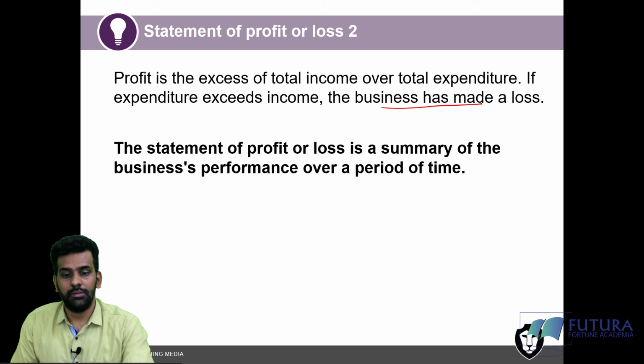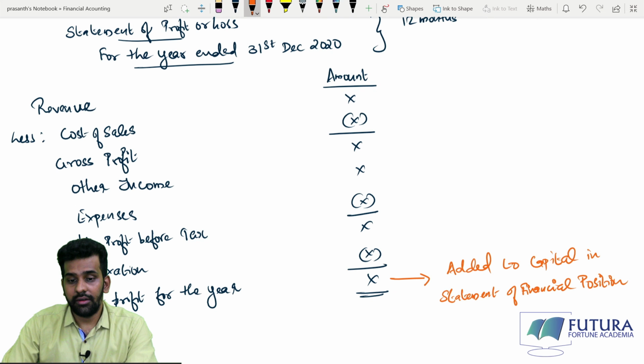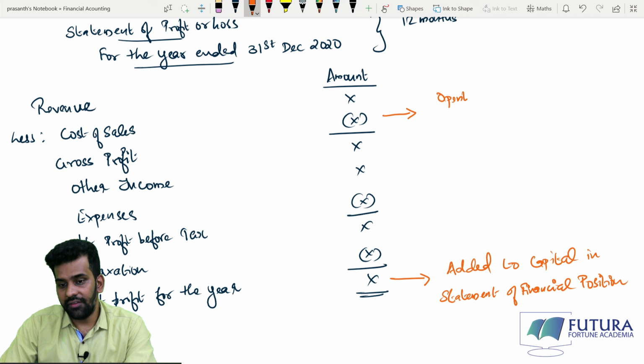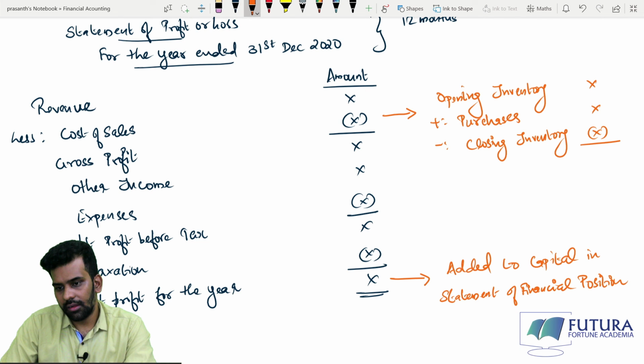Your cost of sales has a formula that you need to learn, which is your opening inventory plus your purchases minus your closing inventory will give you cost of sales.